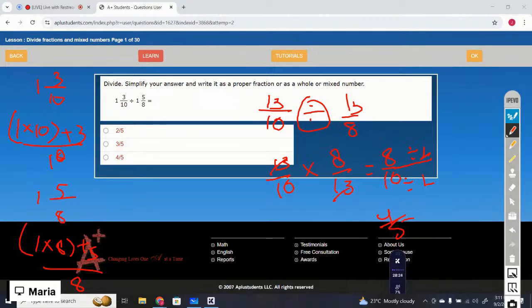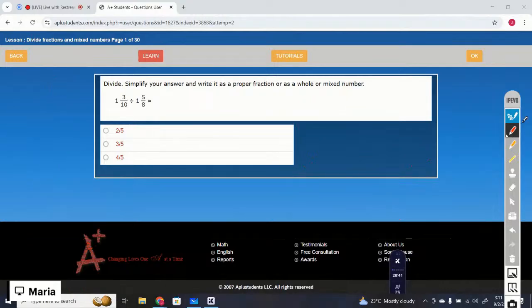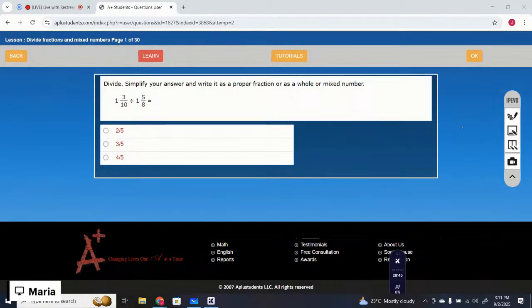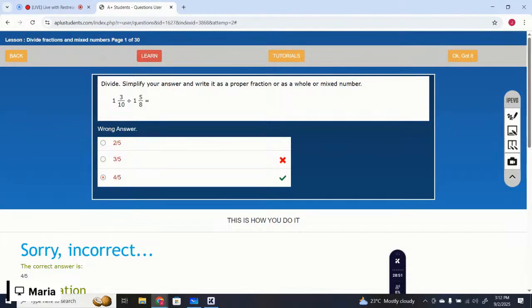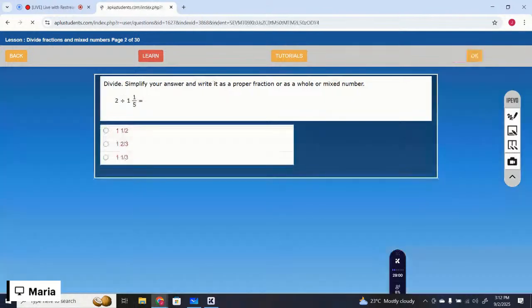So 4 by 5 is the correct option. So option 2 is the correct option.